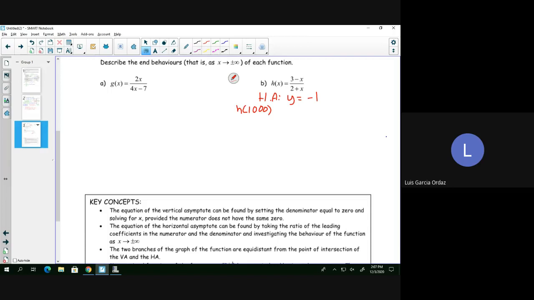So h at 1,000 is equal to 3 minus 1,000 over 2 plus 1,000, which gives us negative 0.995. Is that bigger than or less than negative 1?